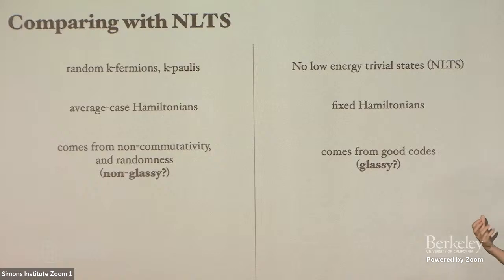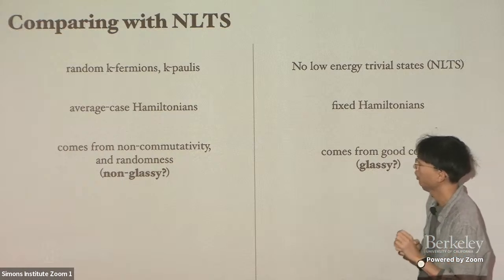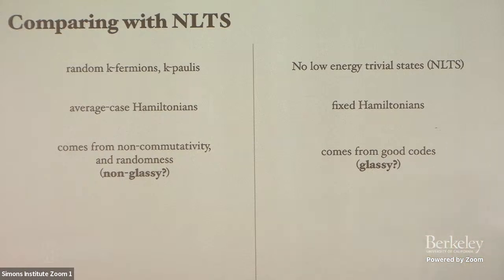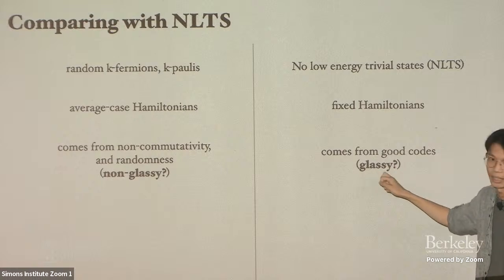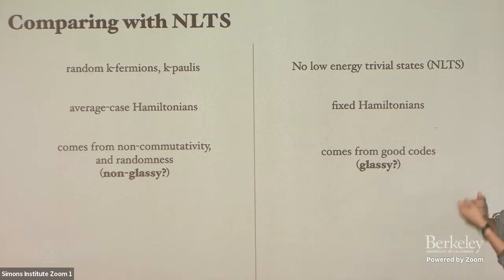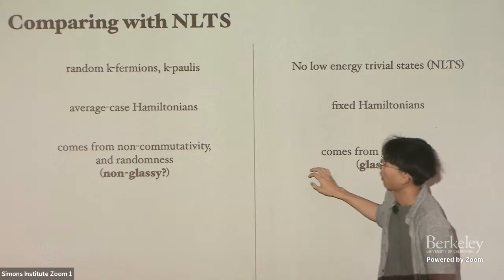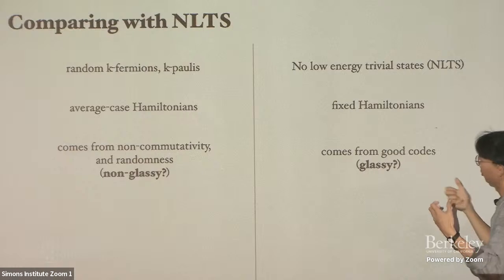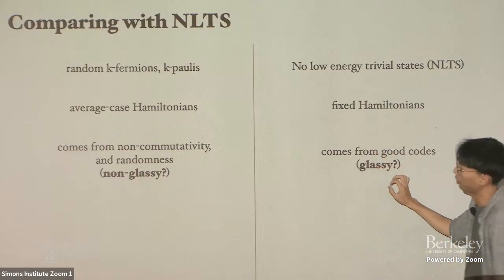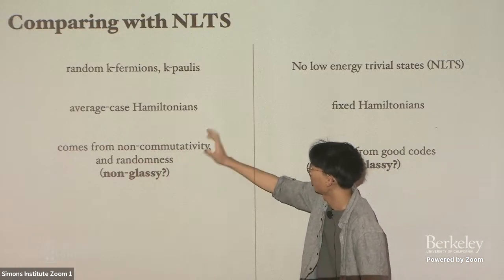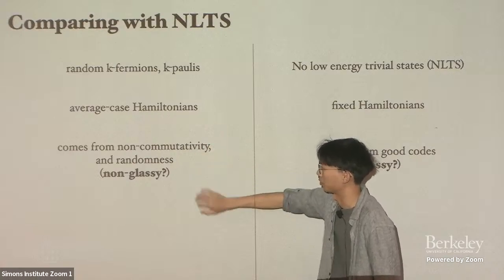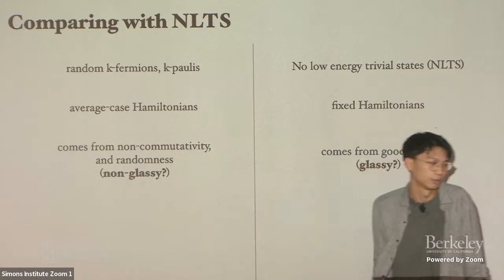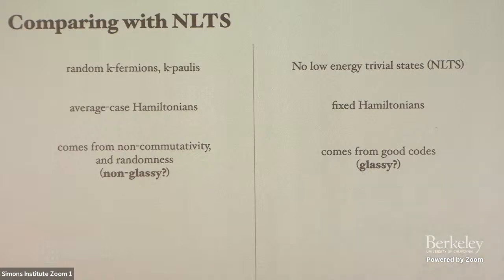But what I want to emphasize is that it also seems qualitatively different. The circuit lower bound you get from codes seems to come from glassy behavior, because with codes there are many states with similar energies, and you expect some energy barrier and clustering. However, our model seems more like random matrices and very non-commuting, and it seems to be on the other side, being non-glassy.